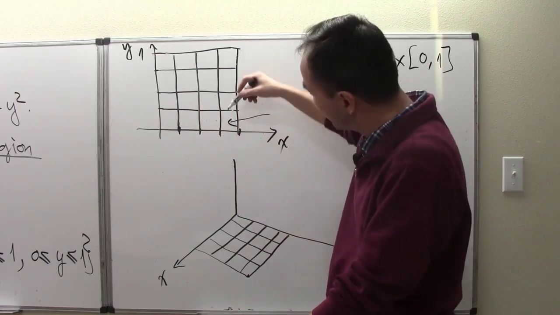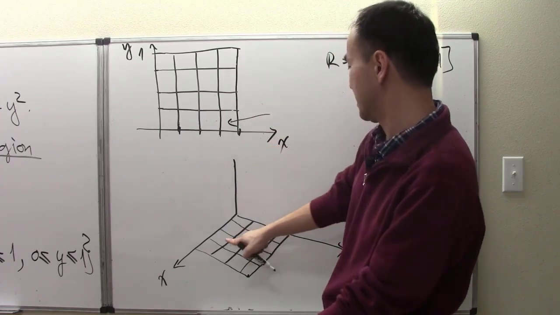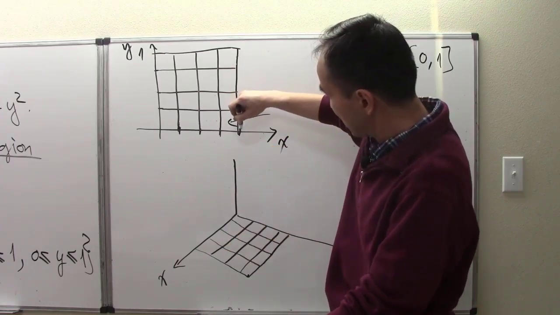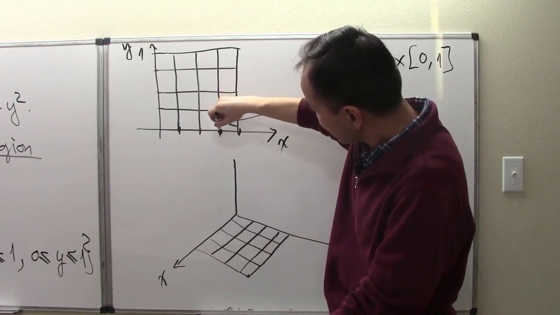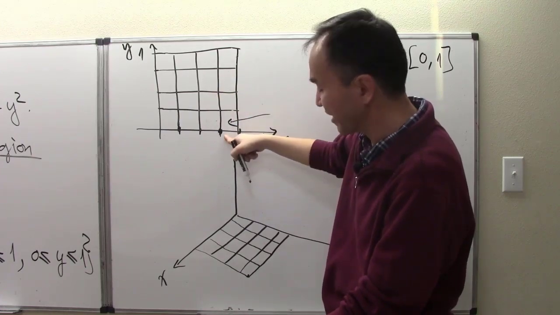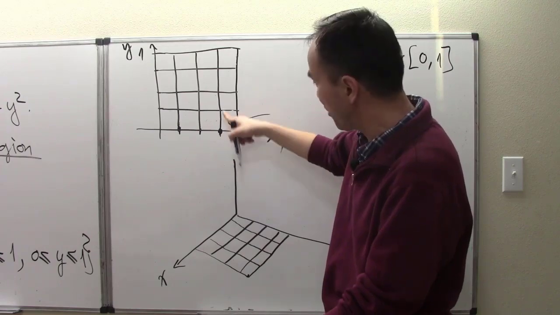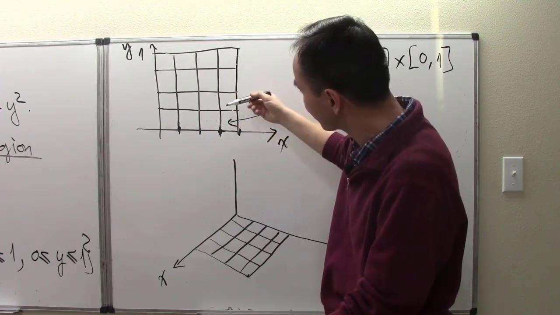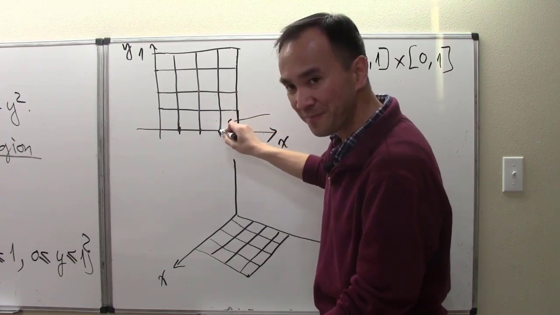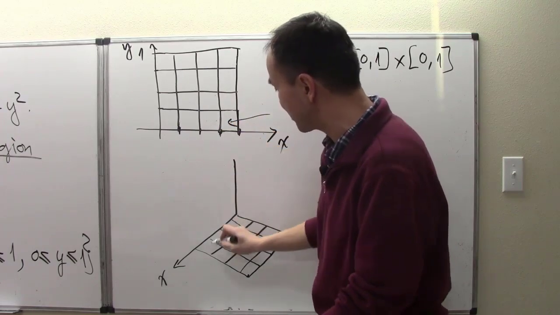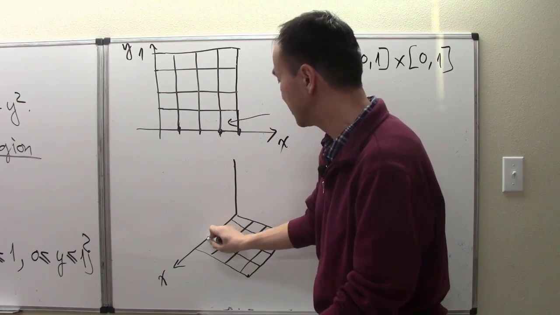Let's set out with a rule that I'm going to choose the sample point at the bottom corner right here. Okay, that's my sample point. Out of the whole square that we focus on here, let's just pick that point. So that means on my picture, it is going to be this point.